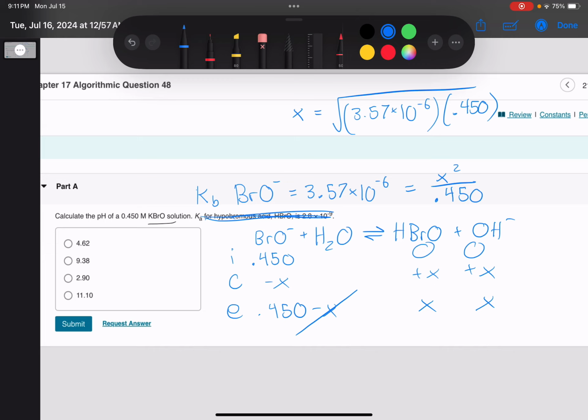Okay, so I get that X is equal to 0.00127, we'll say. And remember, this is the OH minus concentration, not the answer. So we need to go ahead and I'm just going to take the negative log of that, and then that'll give me the pOH. And then I'm going to subtract that from 14.